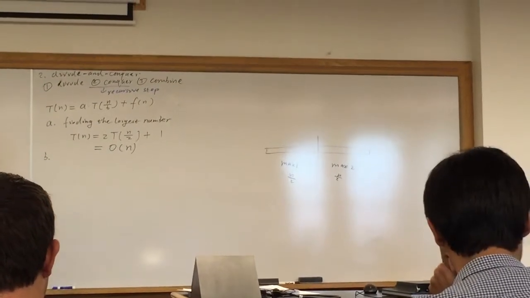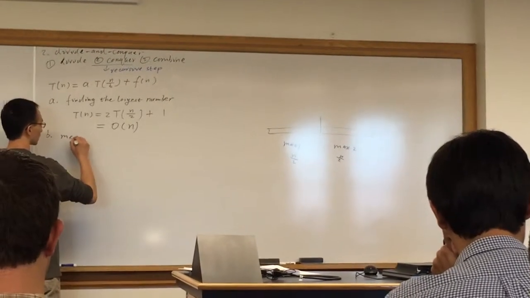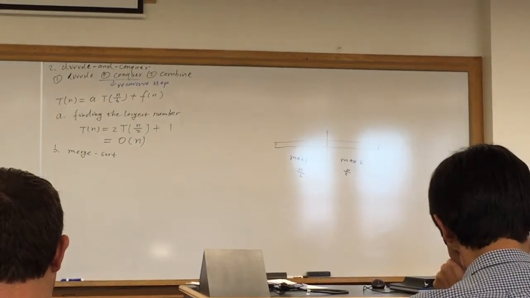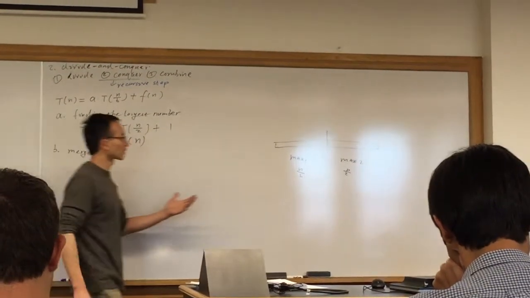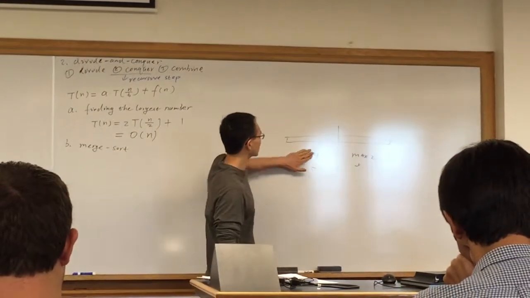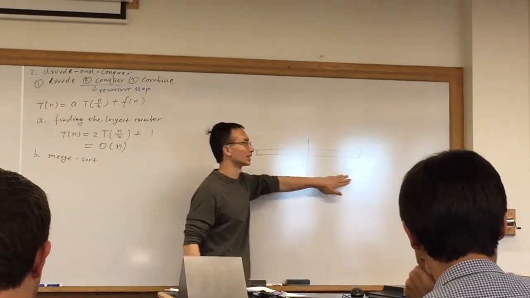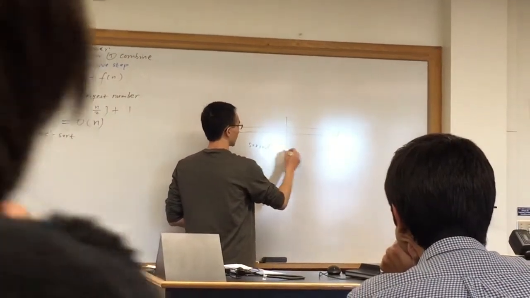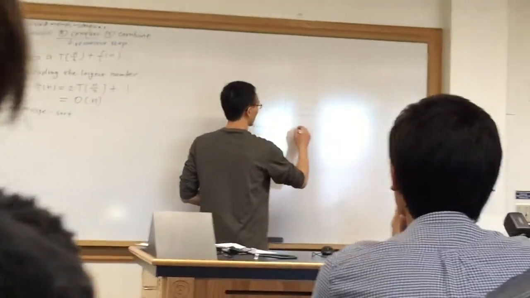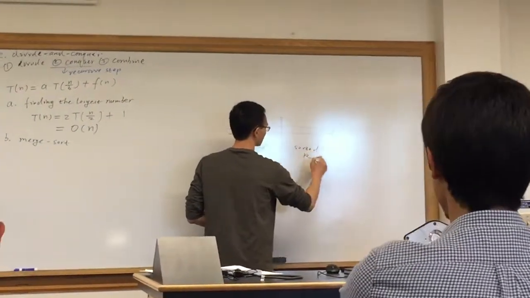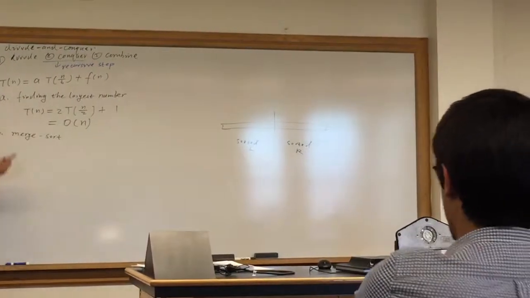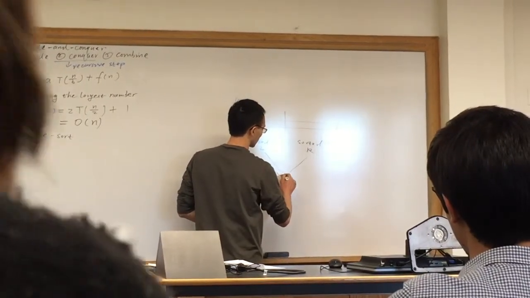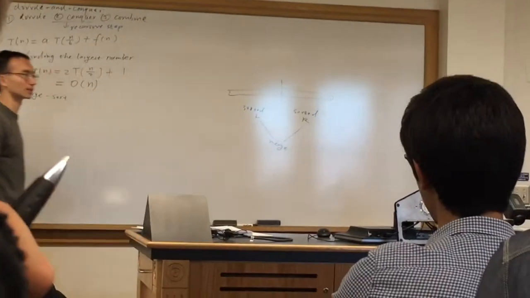The second problem we studied is merge sort. Merge sort uses the same approach. Given an array, we first sort the left side, so we have a sorted list L, and then we sort the right side, giving a sorted list R. Then for the combine step, we use the so-called merge step to merge these two sorted lists.